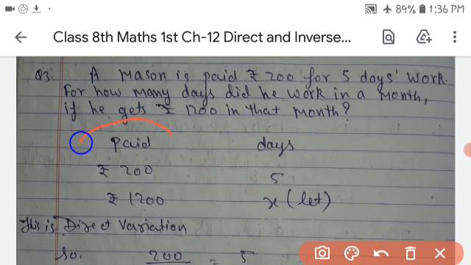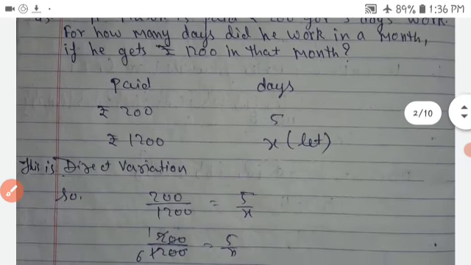Look here, write down the pay and days. Rupees 200 for 5 days and rupees 1200. Suppose the number of days is x. This is a question of direct variation.